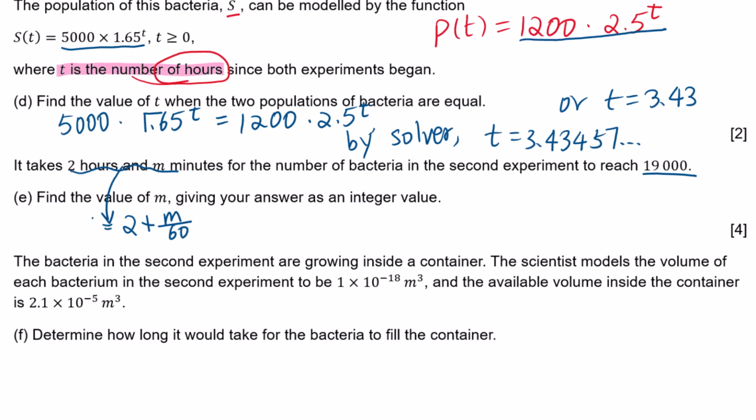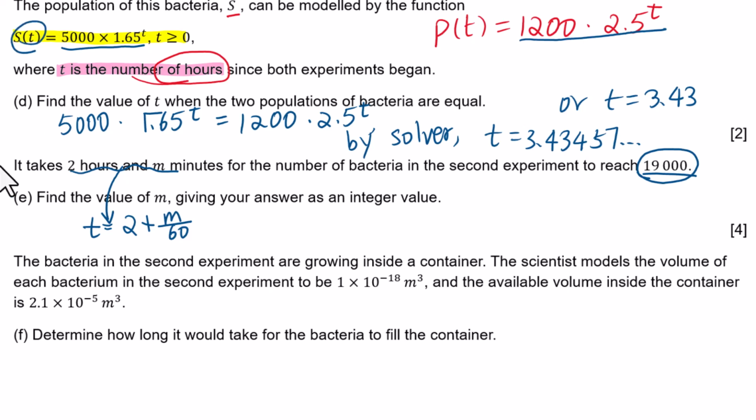This is t. So we substitute t equals 2 plus m over 60 into this equation, and also substitute 19,000 for S of t.